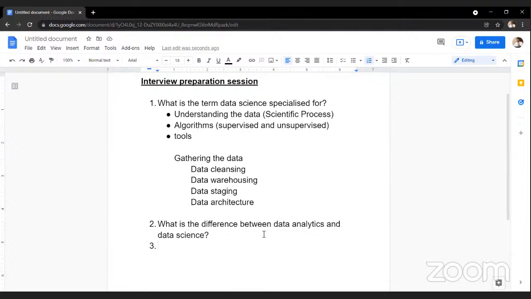We will be moving on to our next question, that is, what is sampling? What is sampling, guys? As you know, in data science we have math intuitions. Math is there, right?